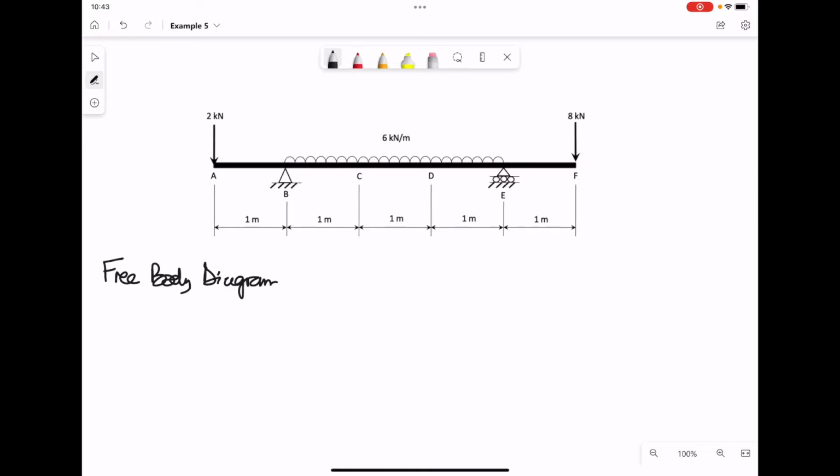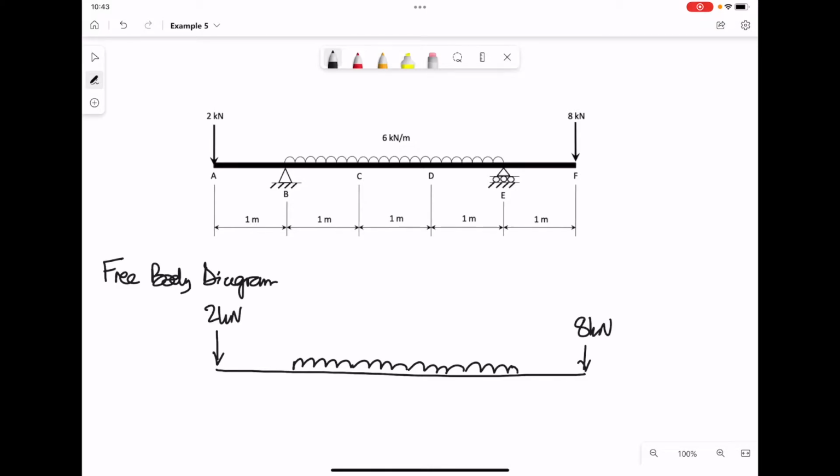So we would draw our beam again, put on the weights, loads that we have. So we have 2 point loads and 1 UDL. The point loads are 2 kilonewtons and 8 kilonewtons, and the UDL is 6 kilonewtons per meter.